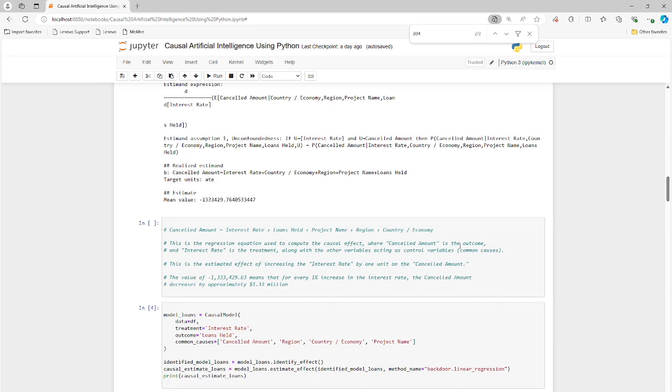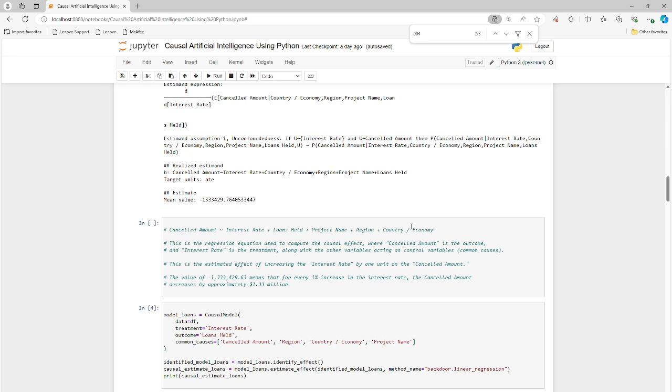Okay, and that is going to jive with what we saw before. Every increase in an interest rate of 1% causes the canceled amount to decrease by about 1.33 million, okay? So this basically shows us that the canceled amount is equivalent to the interest rate plus the loans held plus the project name plus the region plus the country and all those variables divided by the economy, okay?